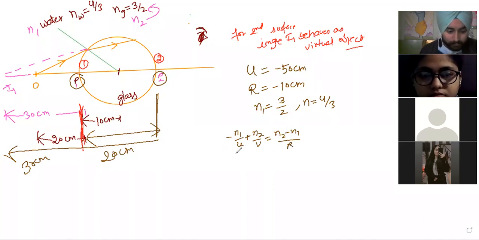So just tell me the values of this. What is n1? The n1 that came is -3/2 into -50 plus, that is n1, this is n2.